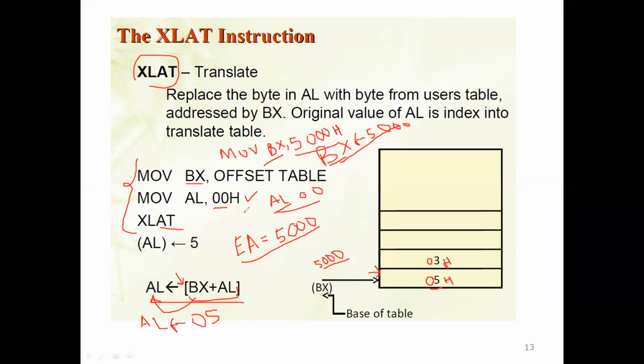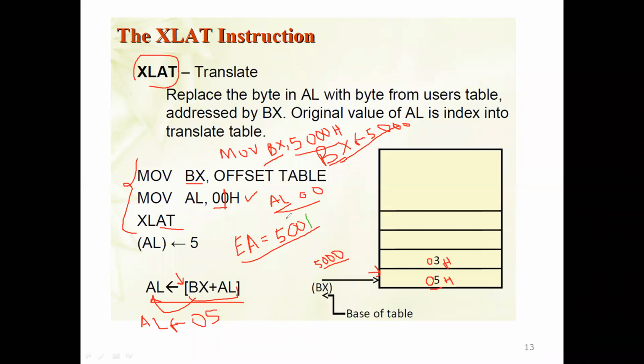For example, if we take the value of AL as 01, then the effective address will become 5001H.